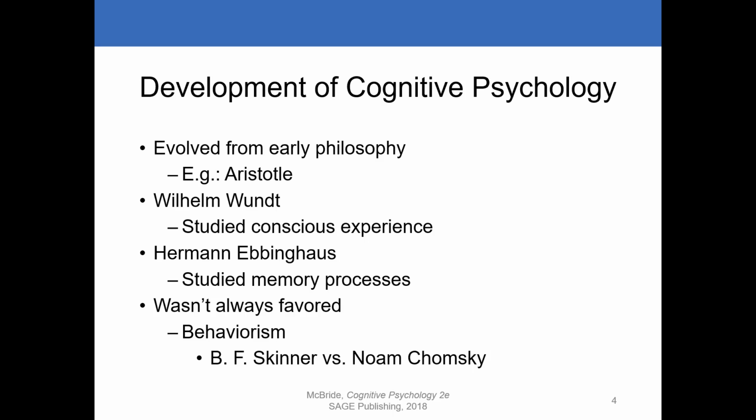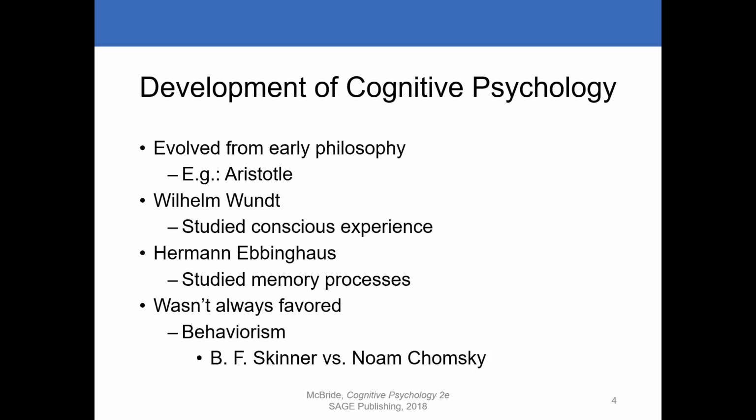We can also take a look at Wilhelm Wundt, and he studied consciousness and conscious experiences, and he wanted to really know about thoughts, images, and feelings, and he really formed the basis of what we study today in cognitive psychology.